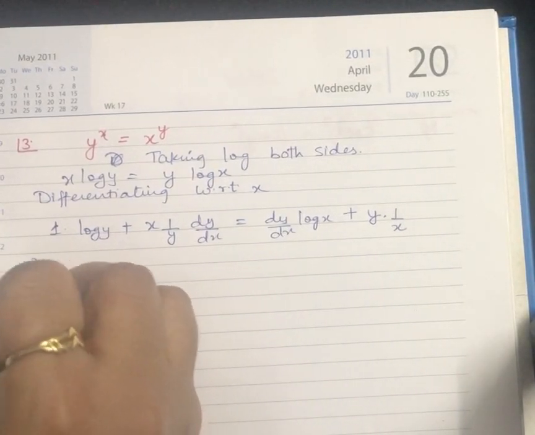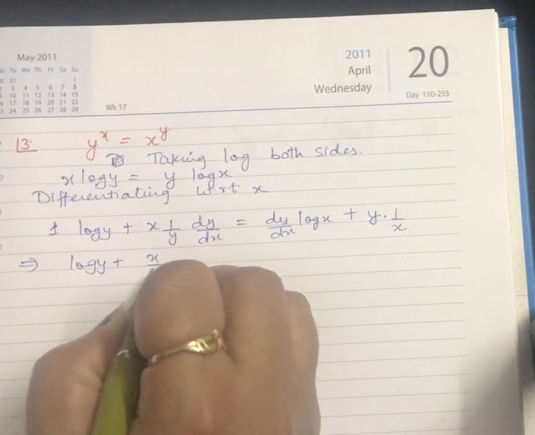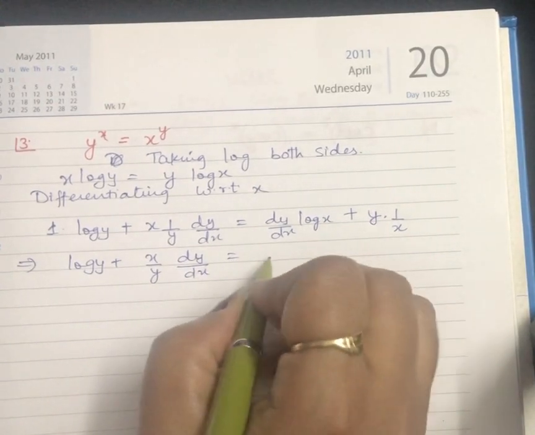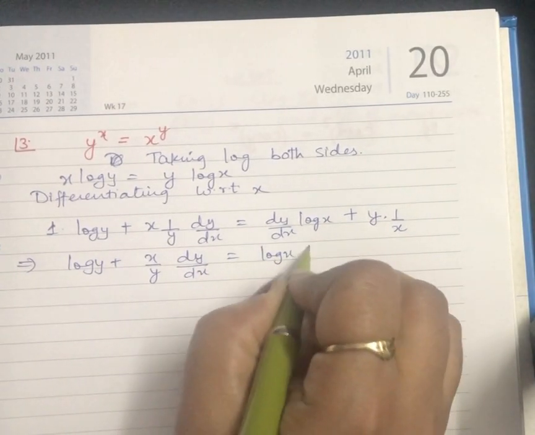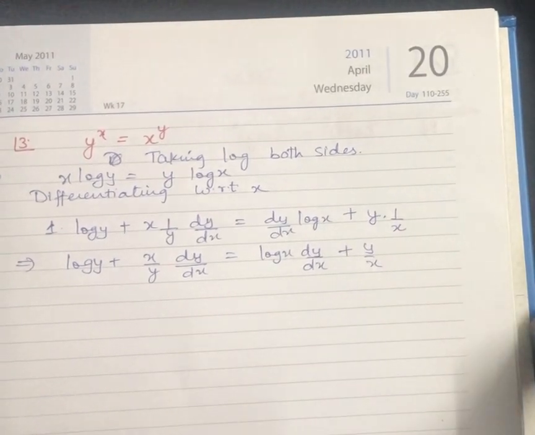Now this implies log y plus x by y dy by dx equal to log x dy by dx plus y by x.